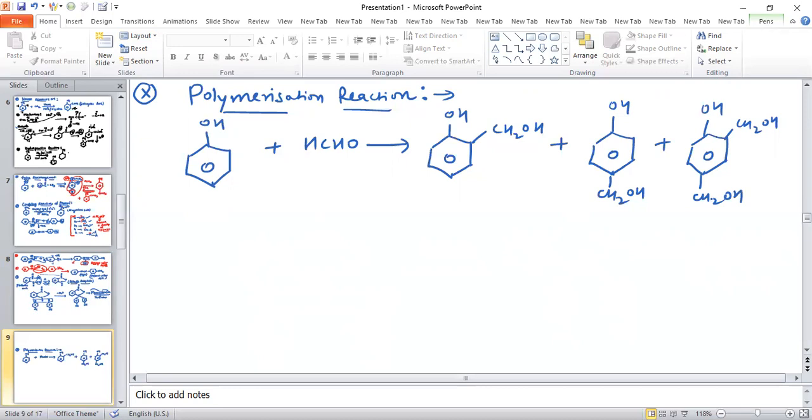So how will the polymerization reaction take place? We know this will undergo polymerization, and when they undergo polymerization, it forms Novolac. We will discuss this reaction in detail in the polymerization chapter. We will discuss the Novolac. Novolac is basically a linear polymer.